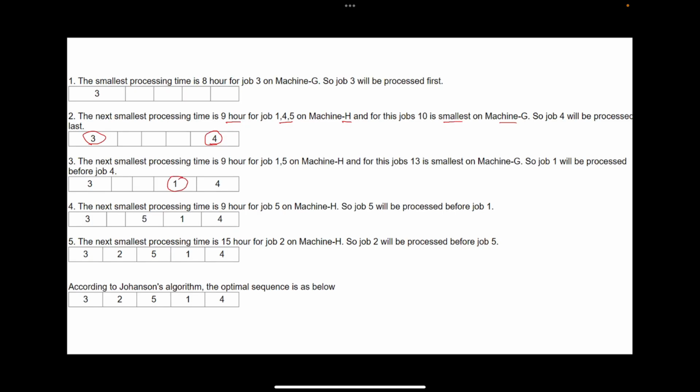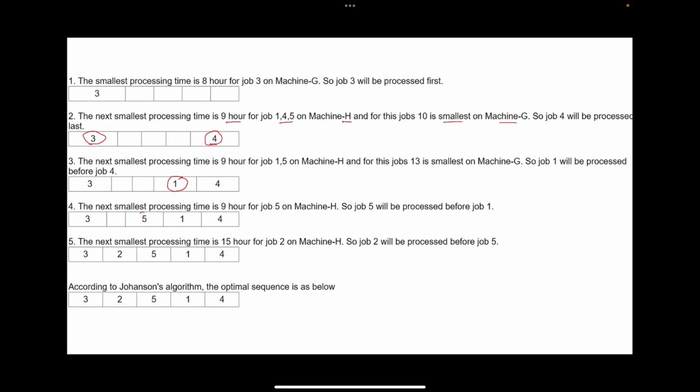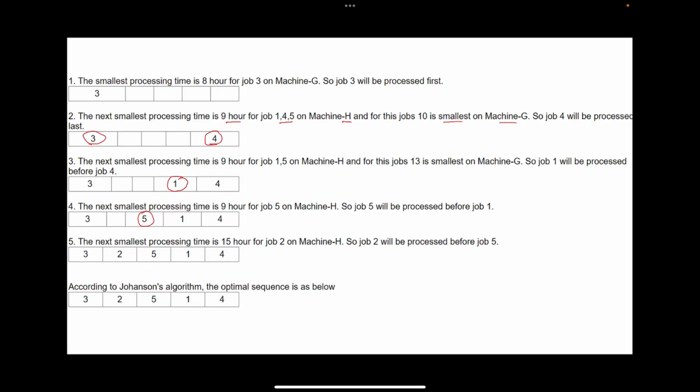Since it is in the second machine, we are scheduling it to the last. The next smallest processing time is again 9, so we will schedule 5 here. Then there is only one job left, that is 2. So the sequencing will be 3, 2, 5, 1 and 4.